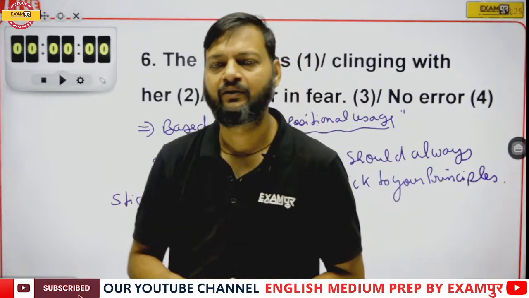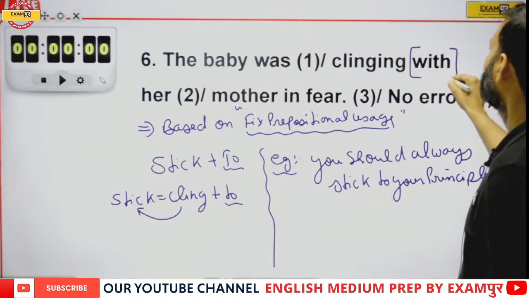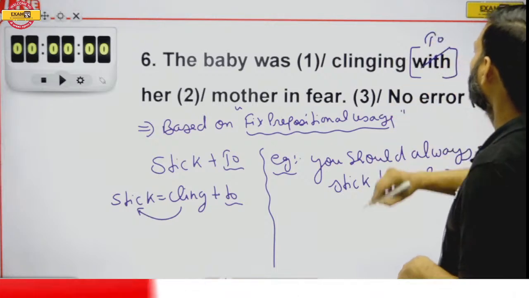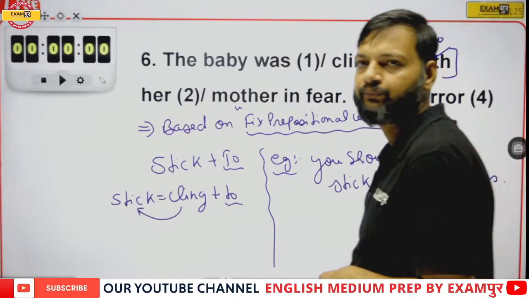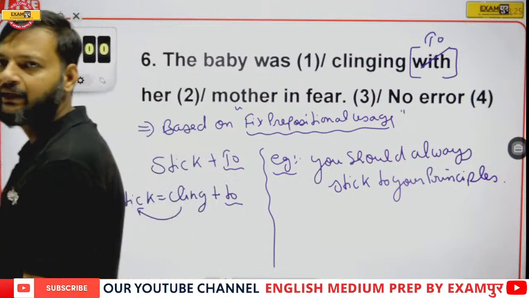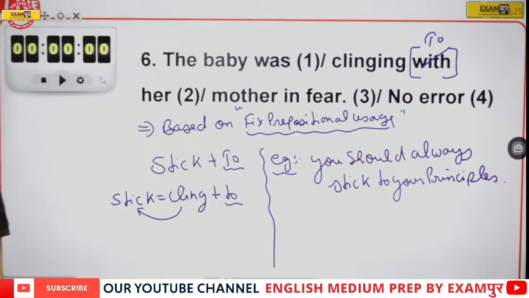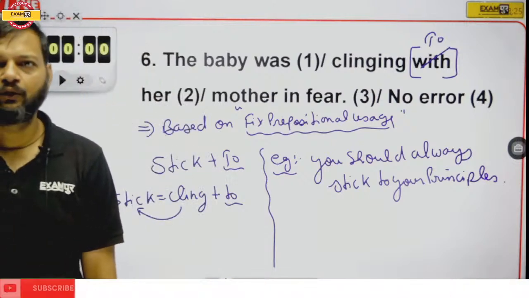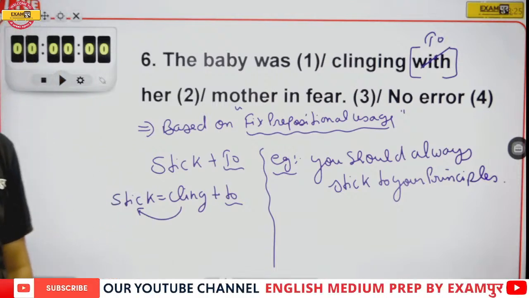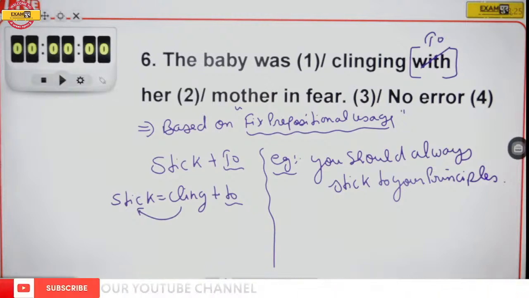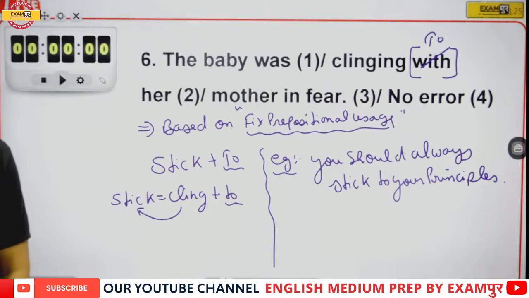So clinging is always followed by to. So here with will be replaced by to. The baby was clinging with her mother. So with will be replaced by to.